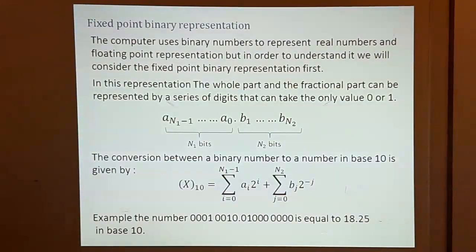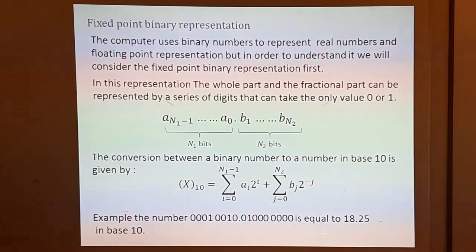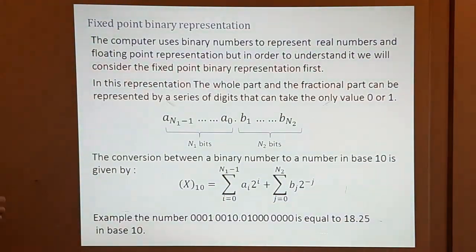But in order to understand it, we will first consider the fixed point binary representation. In the fixed point binary representation, any real number is expressed as a series of bits. The bits can take the value only 0 or 1.